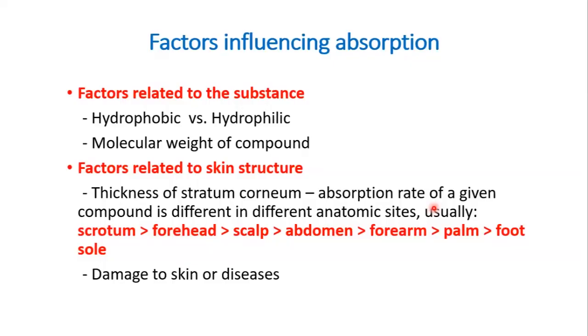So going from a structure that will absorb very readily, the scrotum will absorb much better than the forehead. The forehead will absorb much more than the scalp, scalp more than the abdomen, abdomen more than the forearm, more than the palm, and the palm will absorb more than the foot sole. So the skin structure is important.